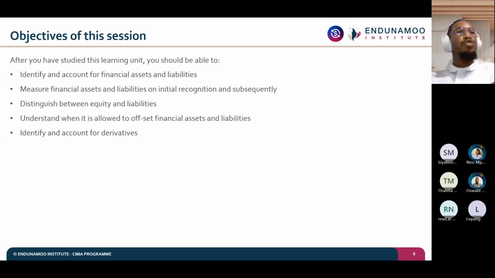The expectation is that you'll be able to apply the provisions of the standard to distinguish between what qualifies as equity and what are liabilities as defined. We expect that you will understand when you, as a preparer of financial statements for an entity, are allowed to offset financial assets and financial liabilities. And finally, that you will be able to identify and account for derivatives.